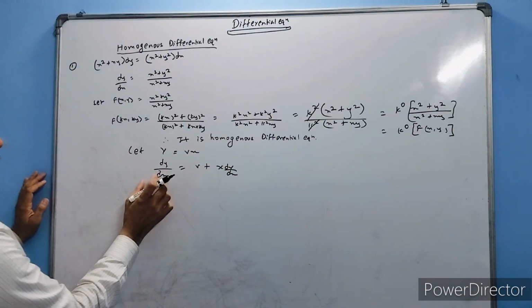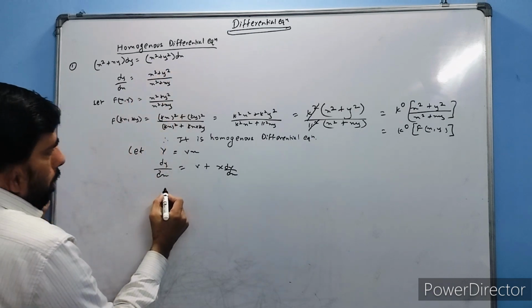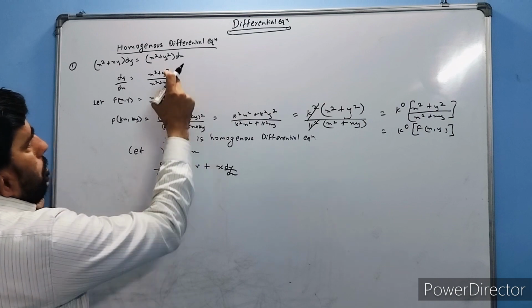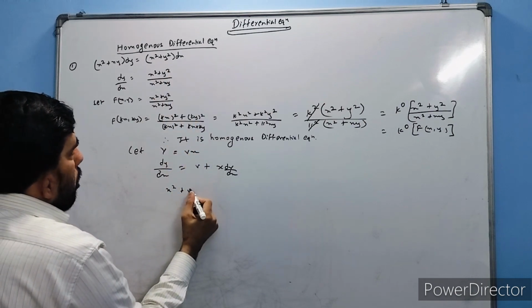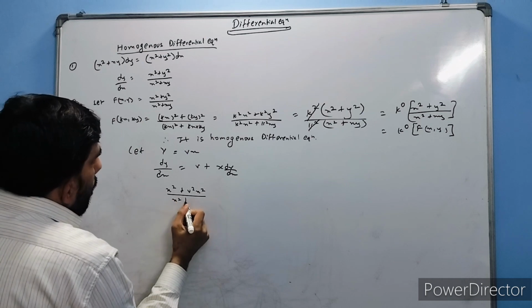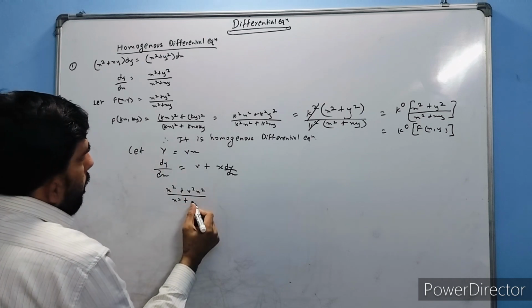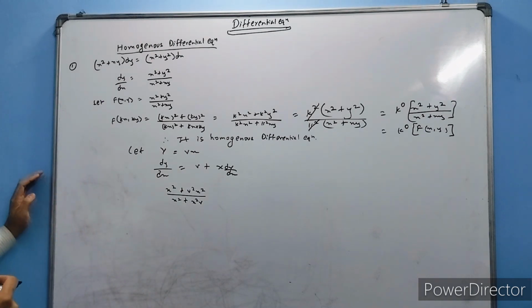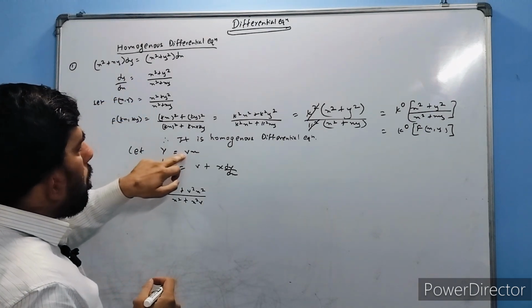Now here I can put dy by dx, and for the right side I put the value of y as vx. So we will get v square x square upon x square plus x into vx, which is x square v. Okay, because x into y is x into vx.